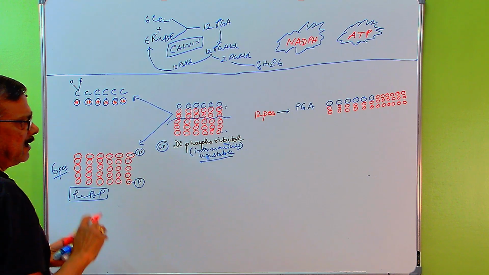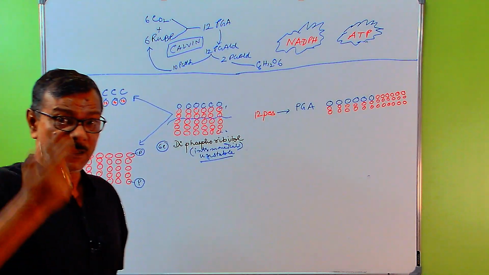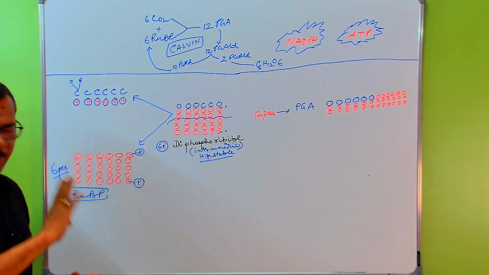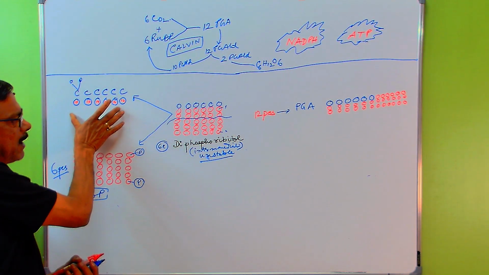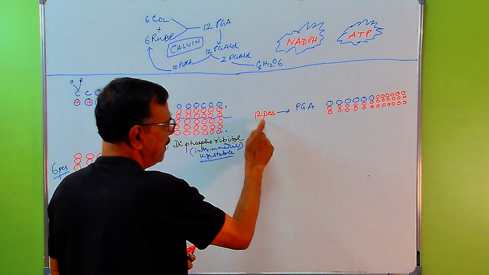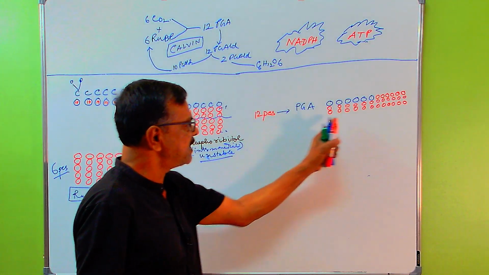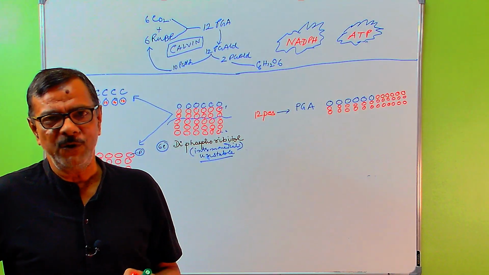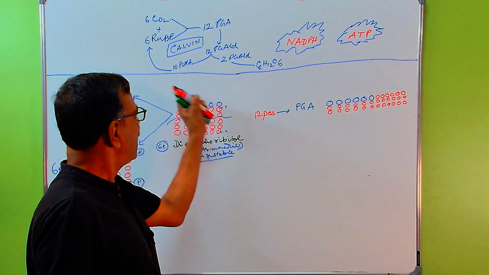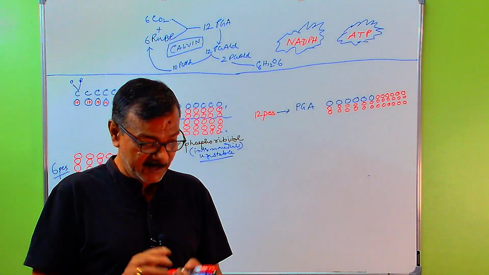It makes no difference between this carbon and that carbon, but he proved that the 14C isotope is available in 6 pieces out of the 12 pieces of PGA. So it has been conclusively proved that the carbon has been fixed. So this stage is known as carbon fixation.